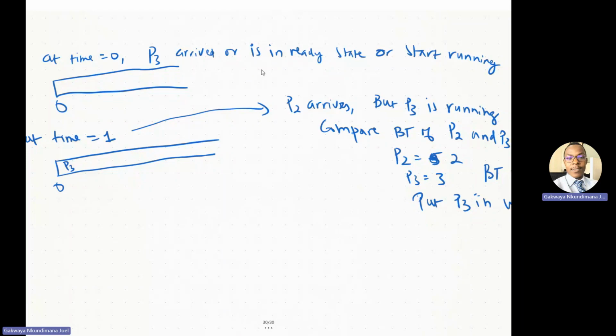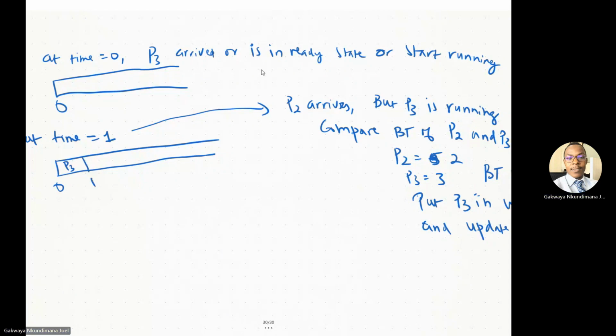We put P3 in waiting queue, and an important rule here: update its burst time. When you update burst time, you count one time at a time, meaning 1 millisecond. So here, the Gantt chart for this one, I'm going to write here.